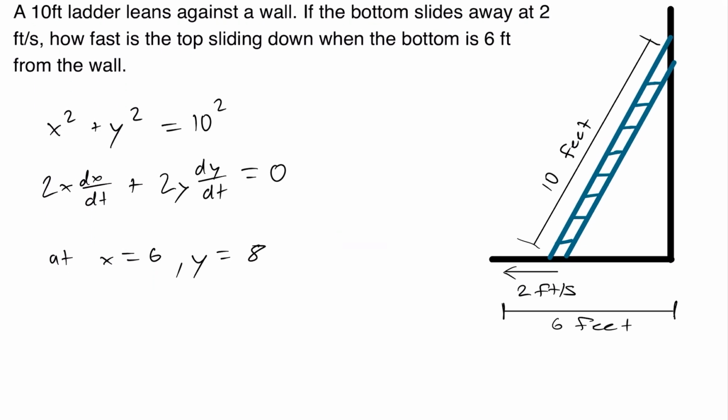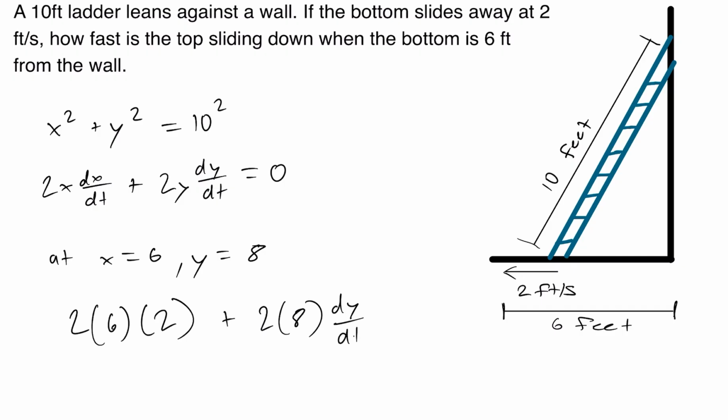And then from here we can plug in our values. So we can go 2 times 6 times 2 plus 2 times 8 dy over dt is going to be equal to 0.